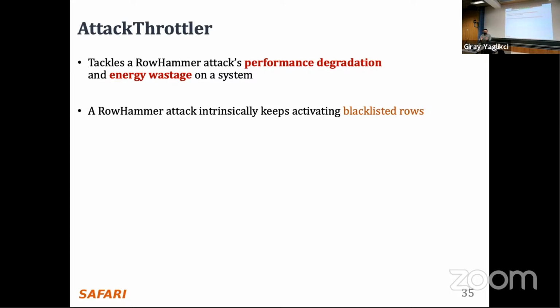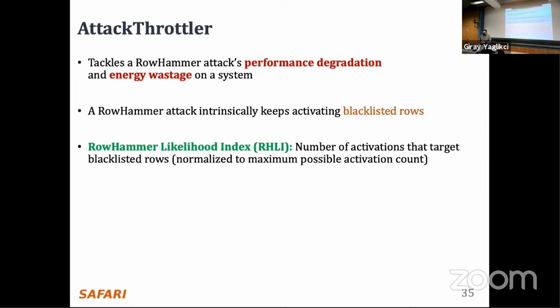That's the ultimate goal of a RowHammer attack, because it cannot induce bit flips without activating blacklisted rows. To this end, AttackThrottler introduces a new metric called RowHammer likelihood index. This is the number of activations that target blacklisted rows normalized to the maximum possible activation count.